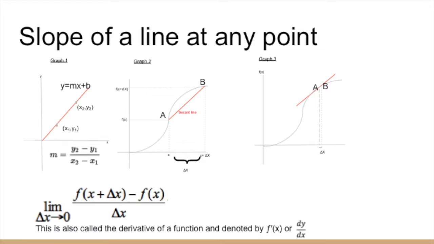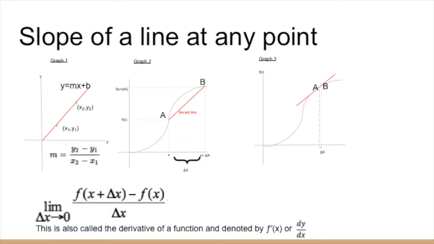Very often, we will need to find the slope of a line, which is also called the tangent line. It is very easy to find the slope of a straight line function by taking 2 points on the line: y2 minus y1 over x2 minus x1, and the slope will be the same for every point of the straight line in graph 1.